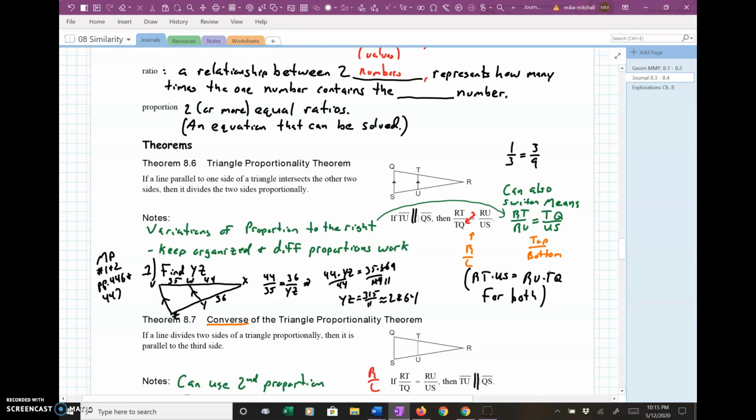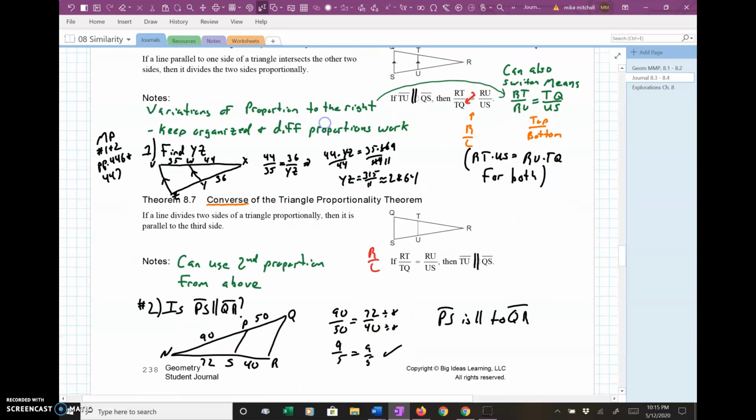I did a little example for number one, and here from the book you have the converse. If these are divided proportionally, then TU and QS are those, and that segment has to be parallel to the third side. Very similar in proportions, just set it up. I went left to right on mine.